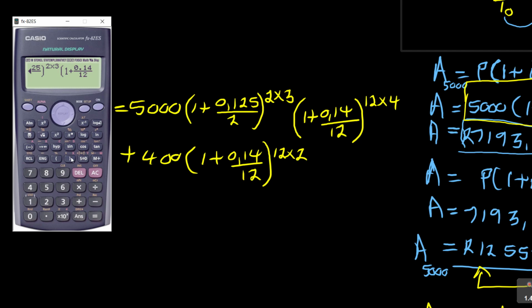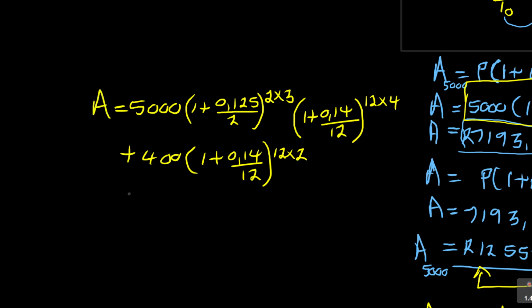Are you seeing that, guys? And then to the power 12 times 4. Okay, and then plus this, actually 4,000. 4,000 bracket 1 plus that, which is 0,14 over 12, and then to the power 12 times 2 equal to 17,836 rand 75 cents. So it's 17,836 rand 75 cents.